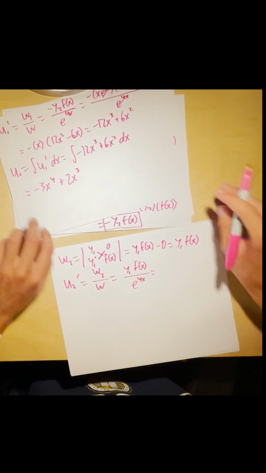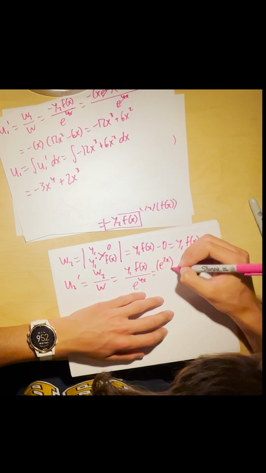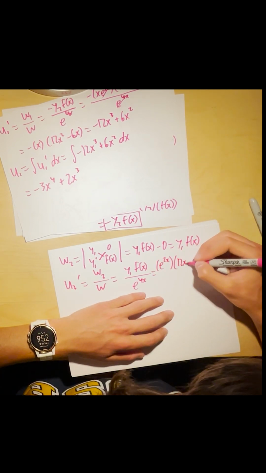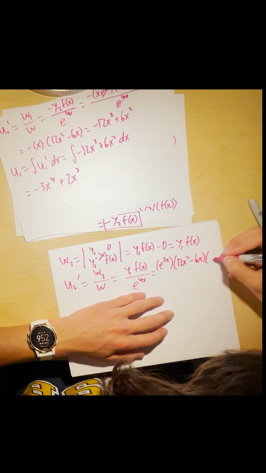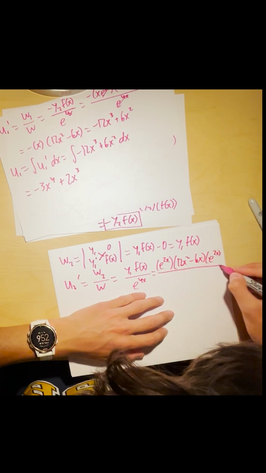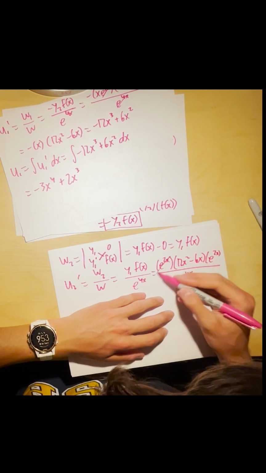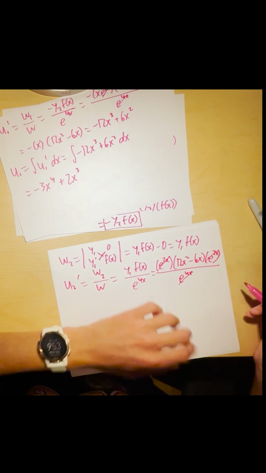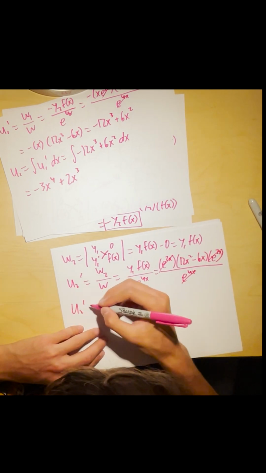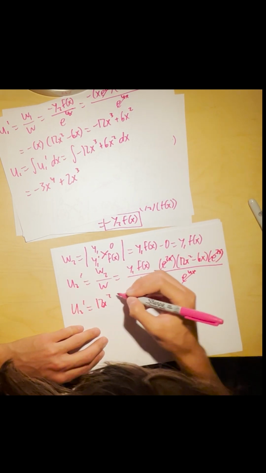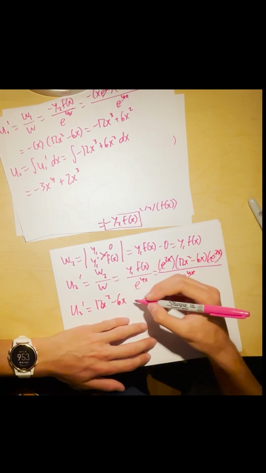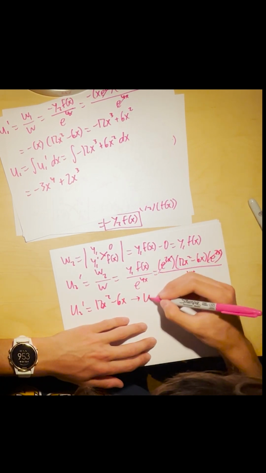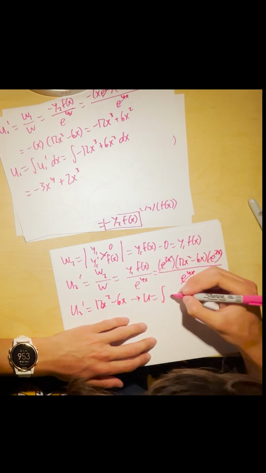So plugging that in, f of x is still 12x squared minus 6x times e to the 2x. And this is all over e to the 4x, so I'm going to cross these guys out again. You can still do that. And so u2 prime equals 12x squared minus 6x, which means u2 equals, just going to take the integral of this.